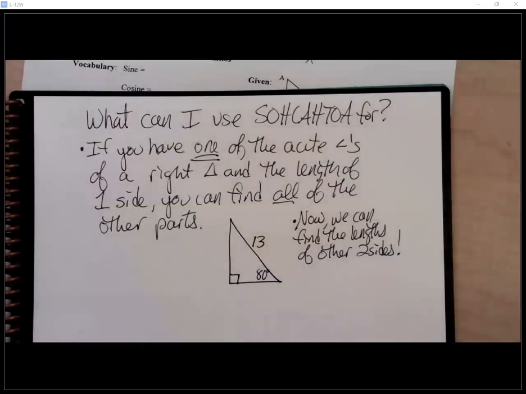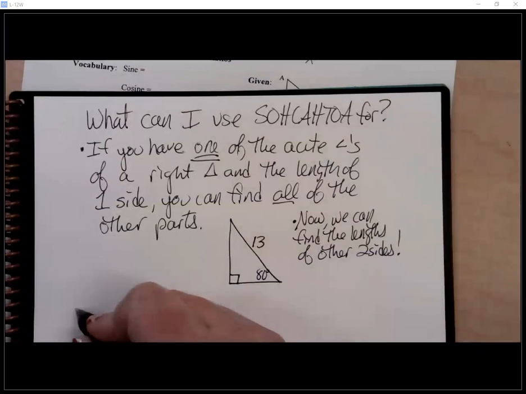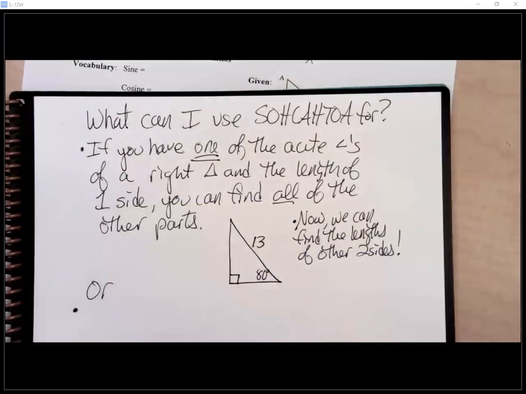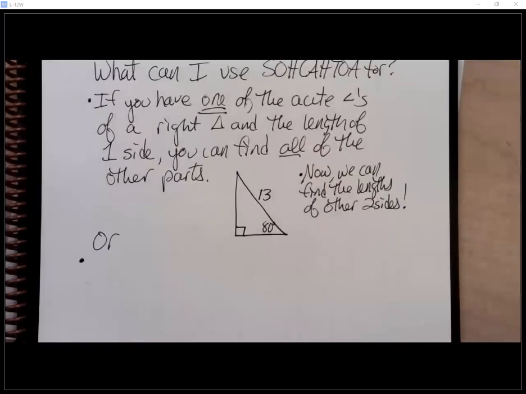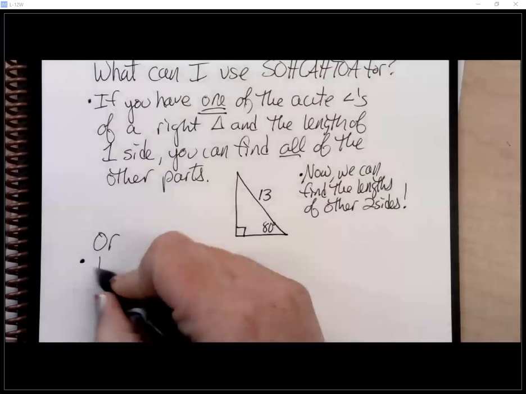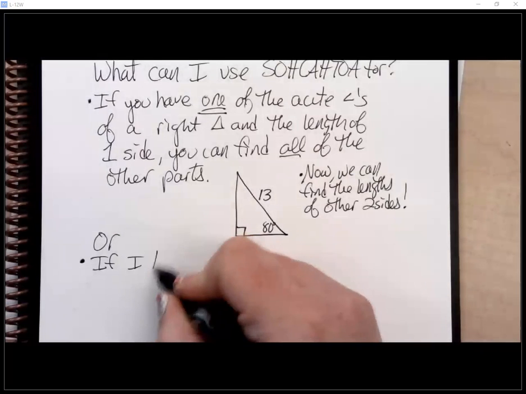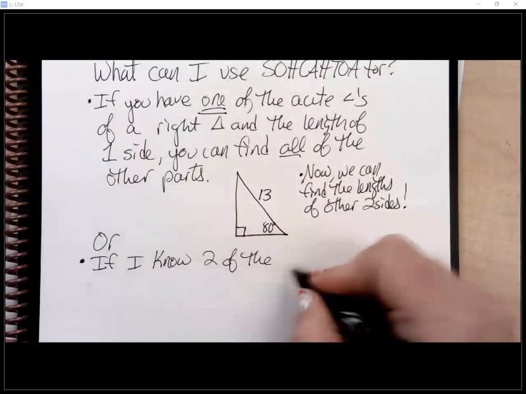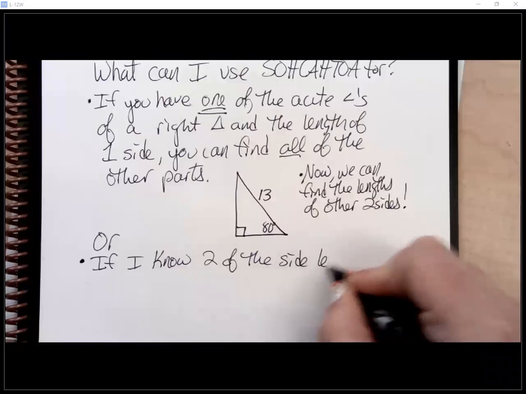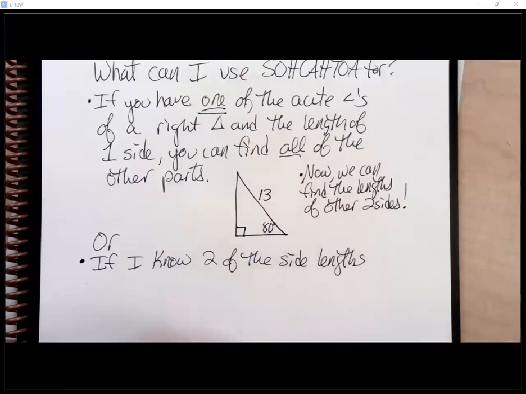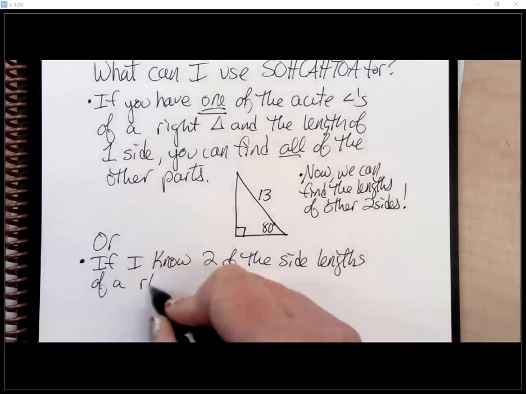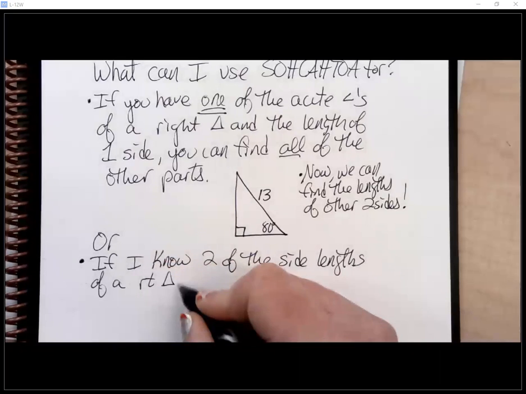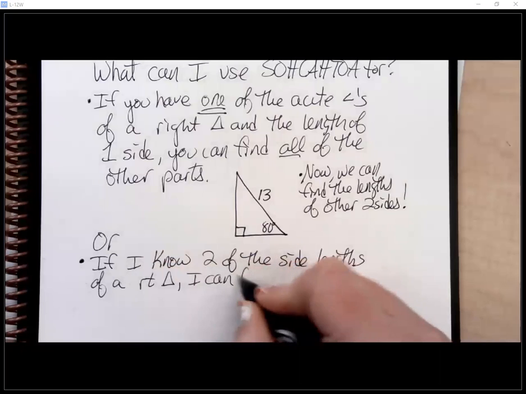So the other thing we can do is, let's say I don't know any of the other angles besides the 90-degree angle. If I know two of the side lengths of a right triangle, I can find the angles.